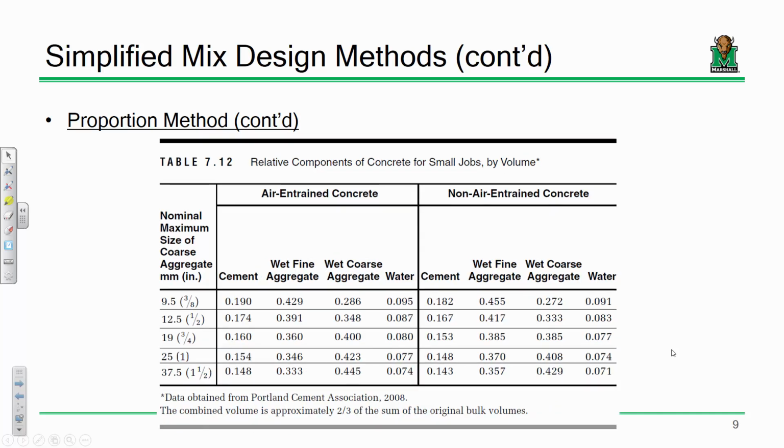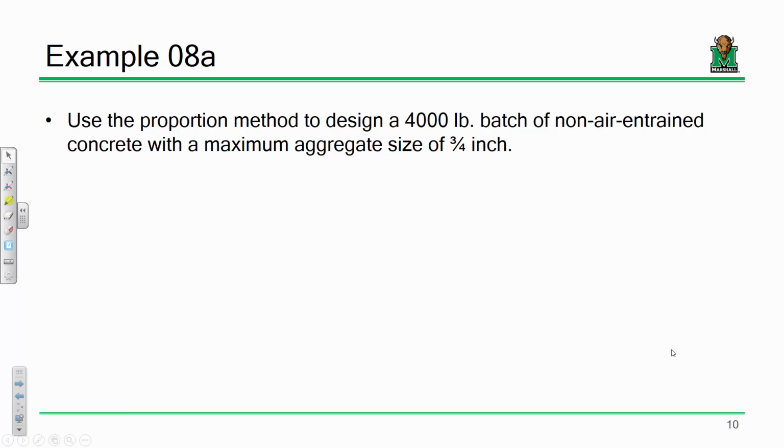This is a similar one, but this is by volume. So instead of measuring by weight, you're saying, well, how many buckets do I need by volume? So just to make sure everybody's aware of this, if I wanted to use the proportion method to design a batch of 4,000 pounds of non-air-entrained concrete, and I'm doing it with a coarse aggregate that has a maximum aggregate size of 3/4 of an inch.